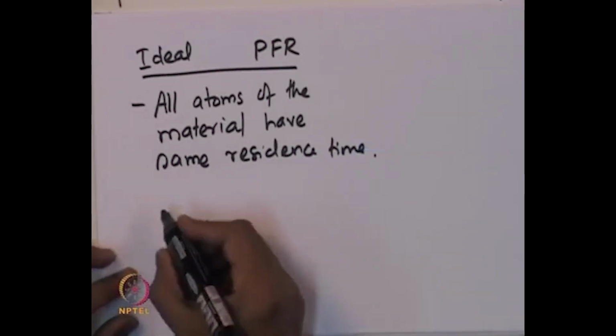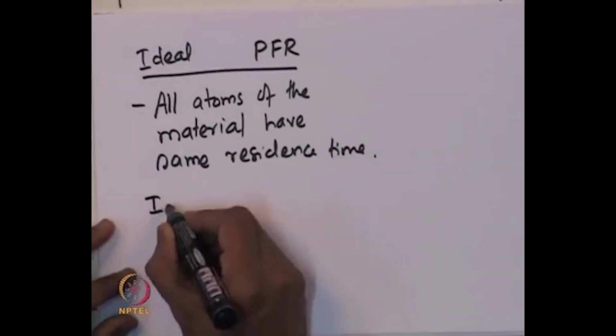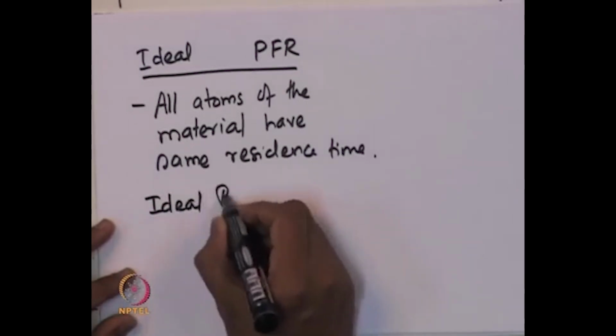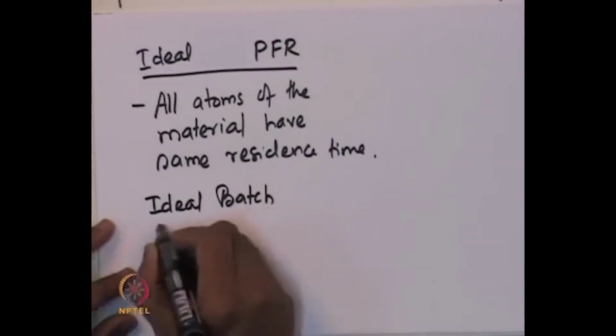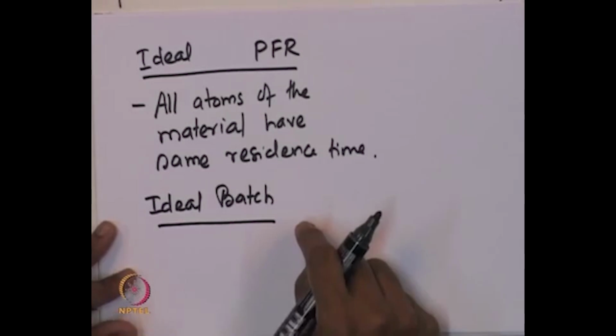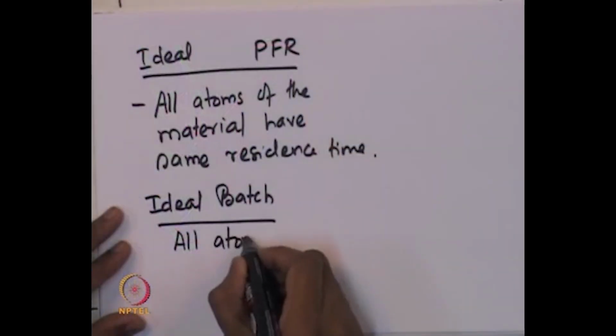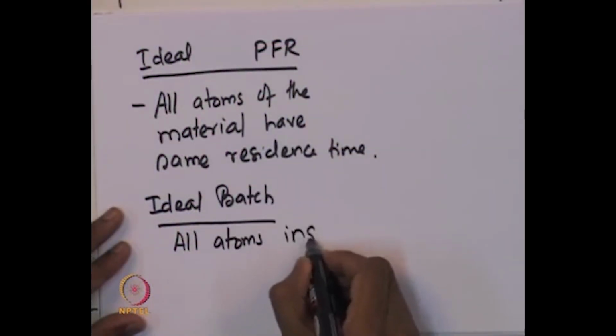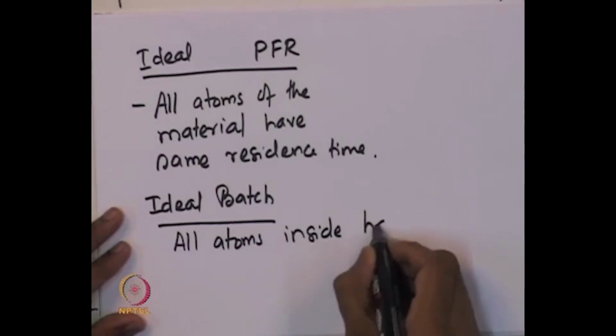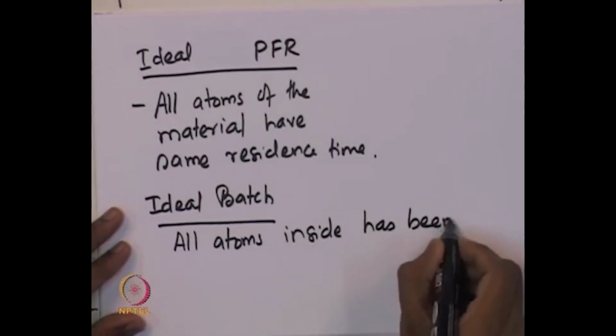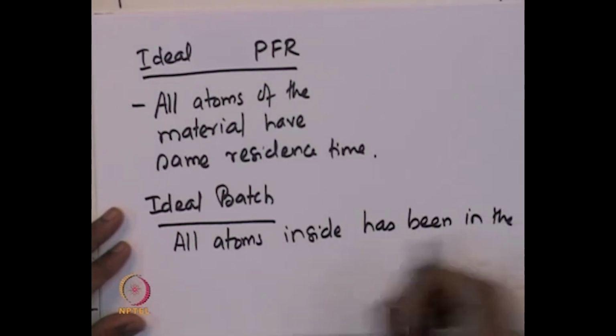And what about an ideal batch reactor? So, an ideal batch reactor is one where all atoms inside has been in the reactor for same time.